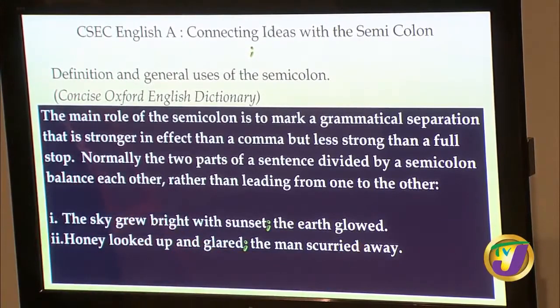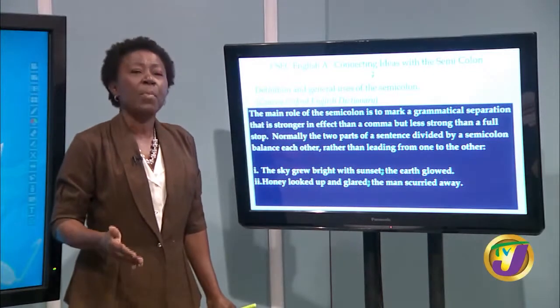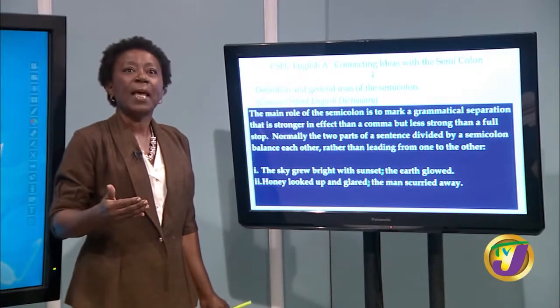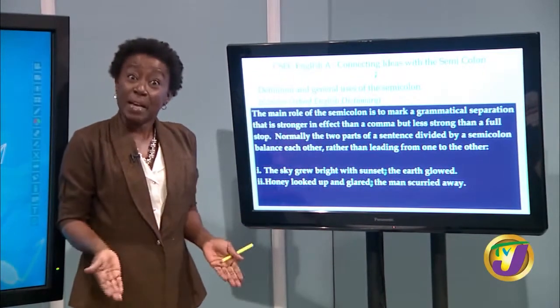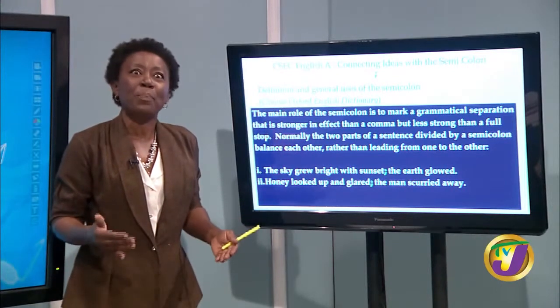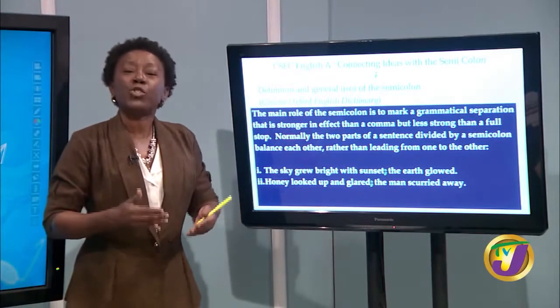Now that is the idea I would like you to get from this lesson. An independent clause is another name for a main clause, but it's really a sentence. So a sentence is a clause or a statement that is complete in itself. We know that. But the problem is, where do I put the punctuation marks? Those are the things that give us trouble.